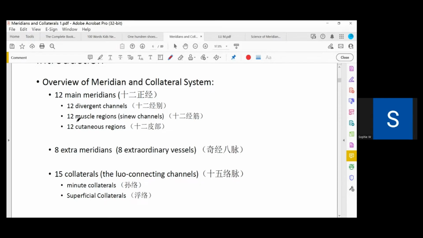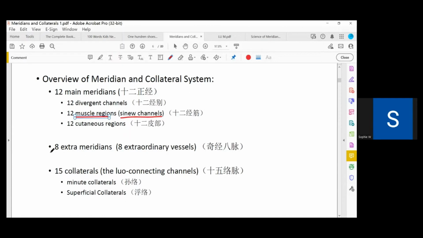So when you see muscle regions, when you see sinew channels, they're talking about the same thing. And we have 12 cutaneous regions. Then that's the 8 extra meridians, or 8 extraordinary vessels.